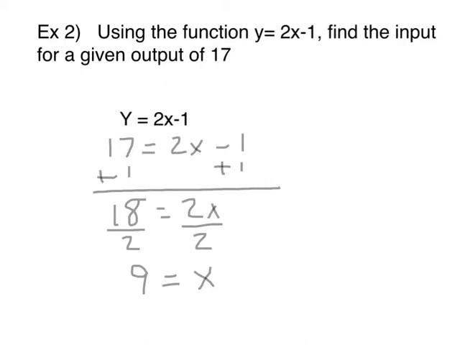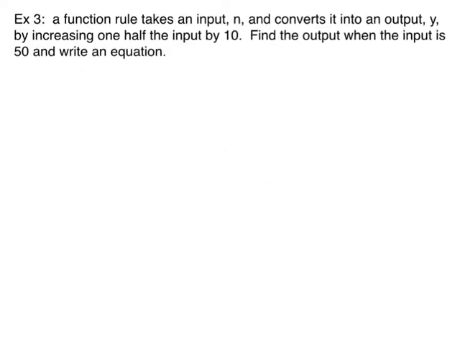You'll now move on to the next exercise. Okay, in exercise 3, we got a new function rule. It says basically to convert into an output y by increasing 1/2 the input by 10. So we're going to write an equation here and set it up, and basically it says we're going to take 1/2 whatever the input is, and the input here is 50, so I'm going to take 1/2 of 50, and it said to increase it by 10, so you know that means to add 10 to it.